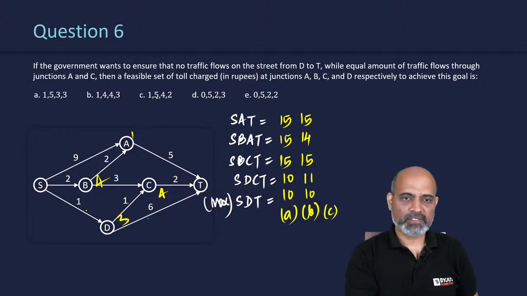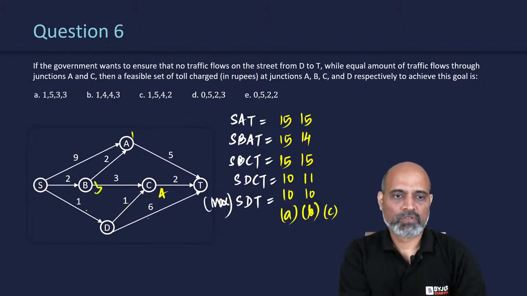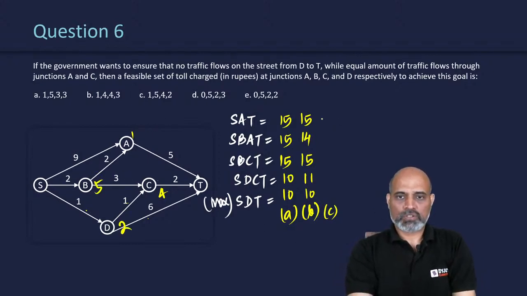Option C, we have 1542. So the top one will remain 15. SB80 will increase by 1. So this one will become 15. और ठीक है.